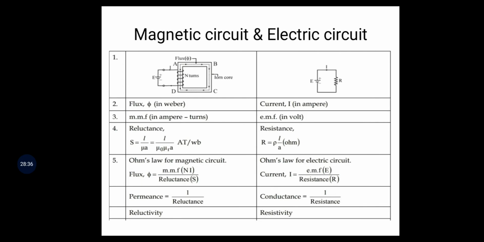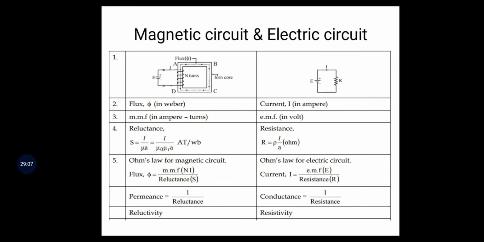In magnetic circuit, MMF is applied, and the unit of MMF is ampere turns. In electric circuit, EMF is applied, EMF in volts.